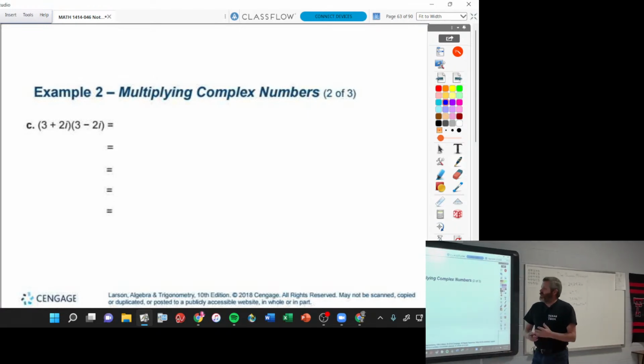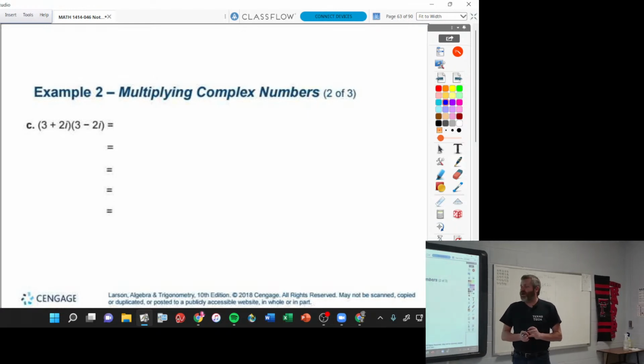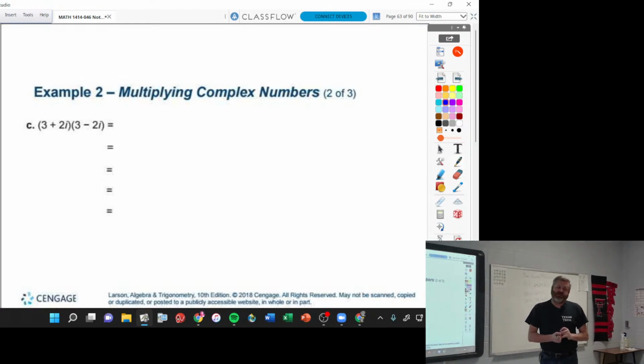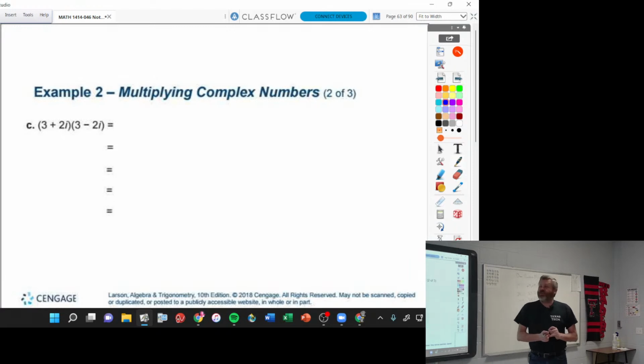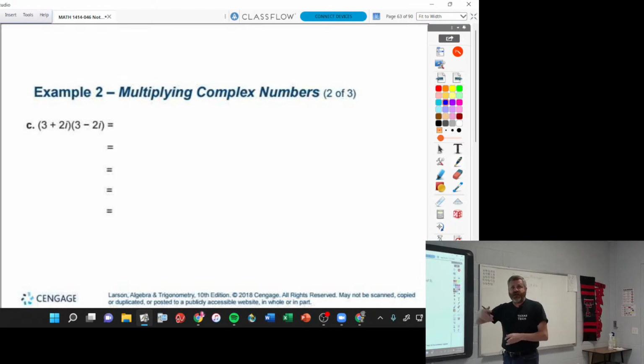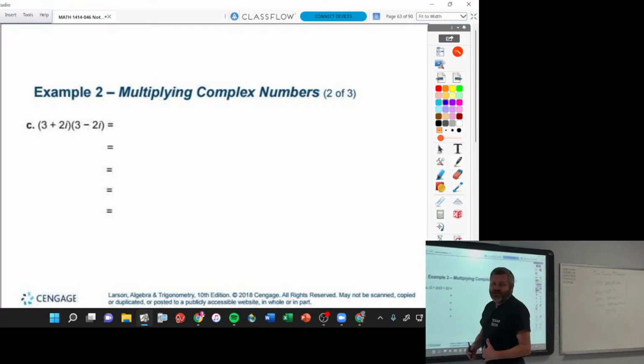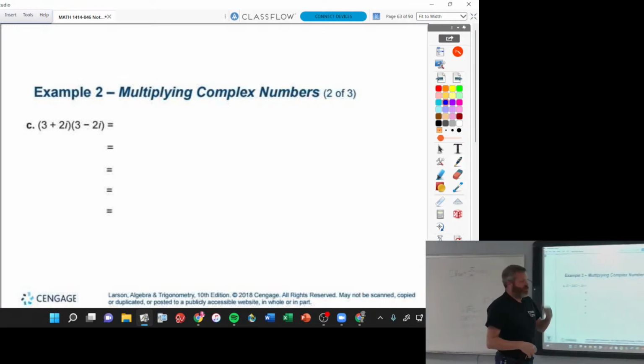Okay, letter C. If you'll notice, letter C, I have 3 plus 2i and 3 minus 2i. If you think about the section that we did previously, that was called a conjugate. Well, this is actually a complex conjugate. I'm going to work it out, and you're going to see that just like conjugates with radicals, with complex conjugates, the outers and inners will also cancel.